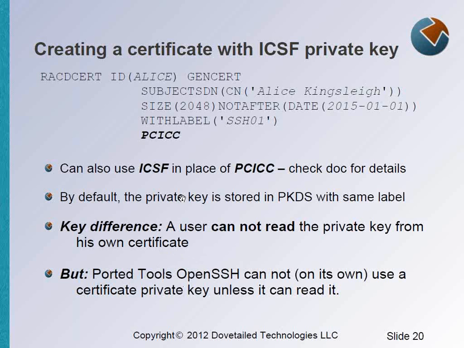But if you do this and you put it in hardware, Ported Tools OpenSSH cannot, on its own, with what we showed you earlier, using identity keyring label or host keyring label, use a certificate private key unless it can read it. That's an unfortunate fact, but that's just the way it works for now.